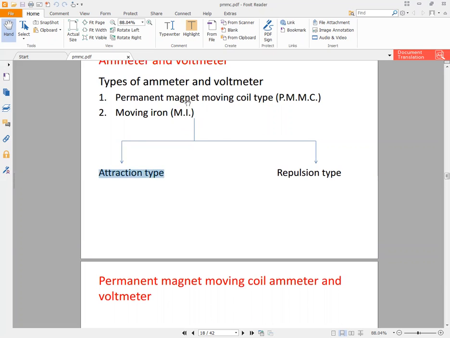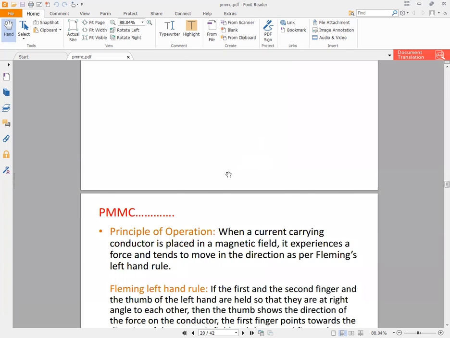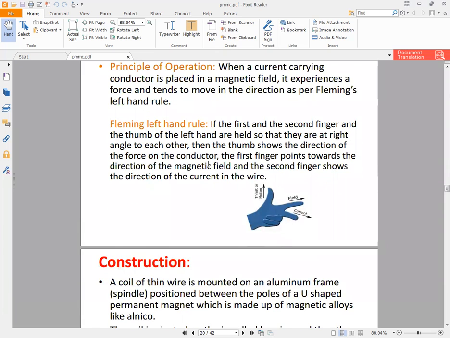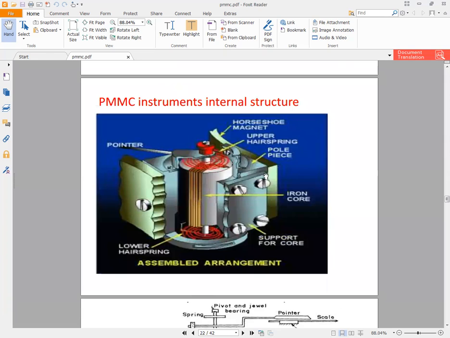Firstly, we have to see the PMMC type instrument, that is the permanent magnet moving coil type instrument, in detail. So first one is the permanent magnet moving coil instrument. Firstly we will see the construction of this type of instrument. In this diagram we can see the internal structure of the PMMC instrument.